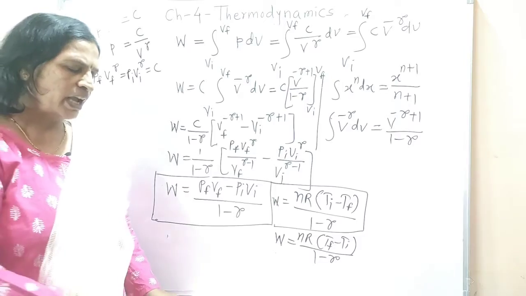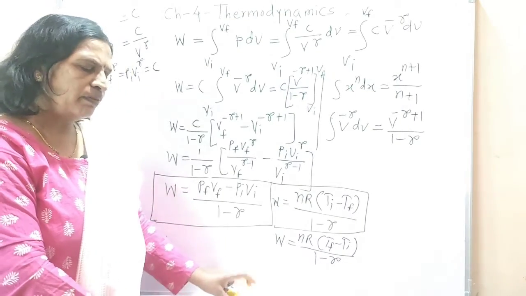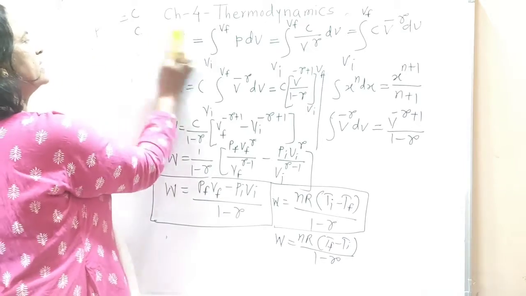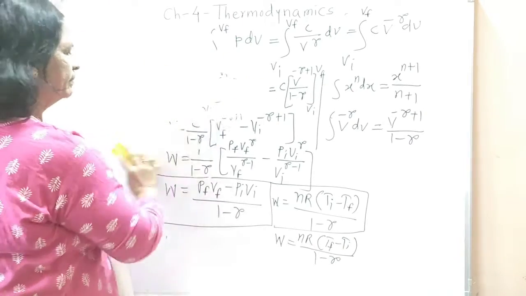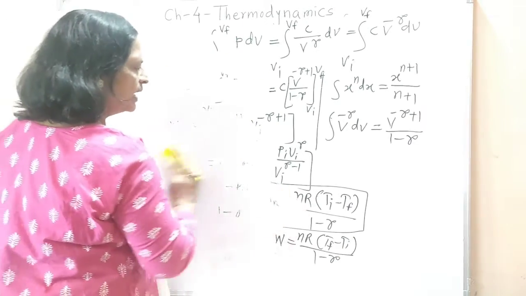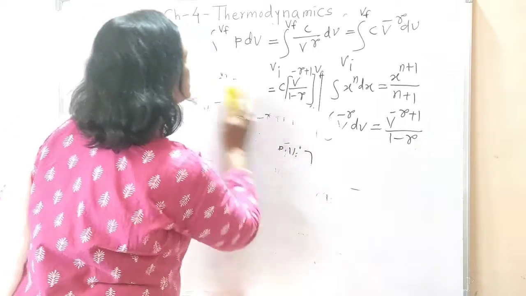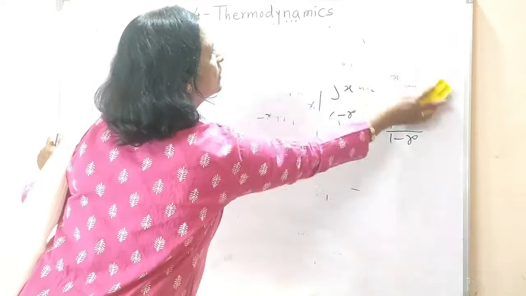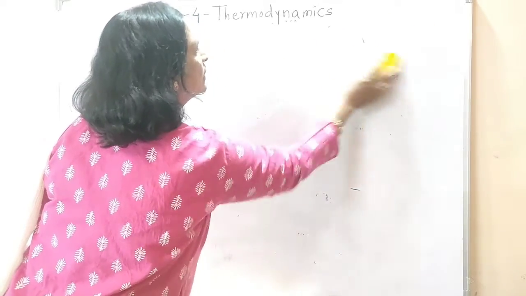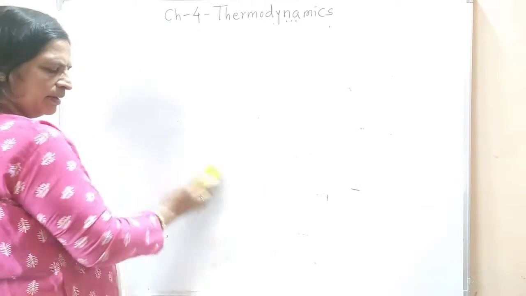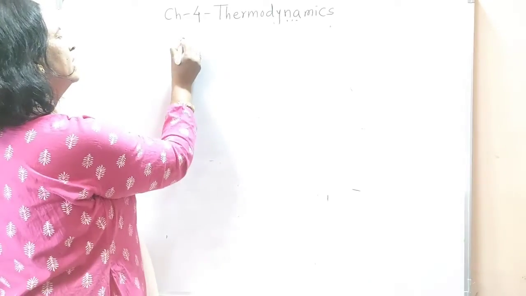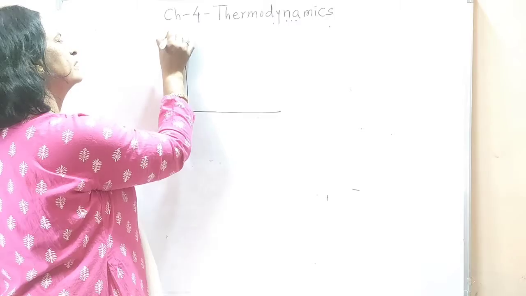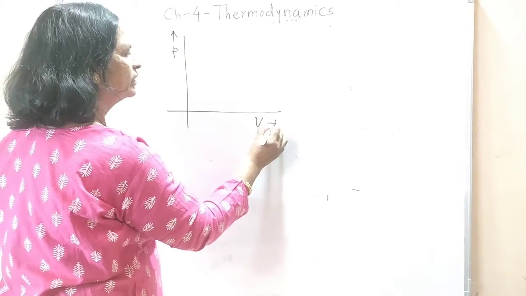Okay. Now we have to study the PV diagram for this adiabatic process. The PV diagram for adiabatic process. Pressure is here, volume is here.